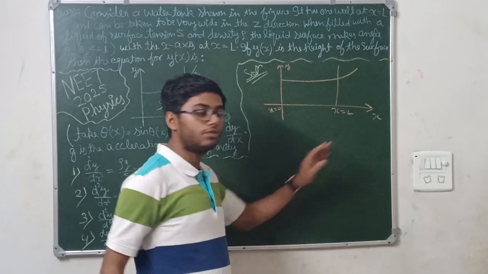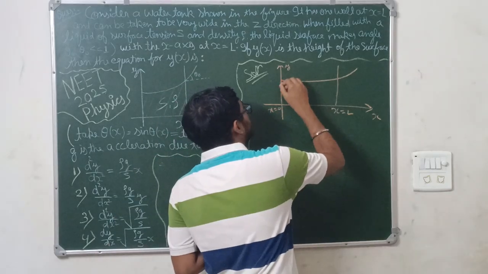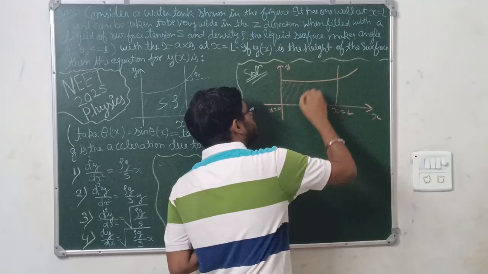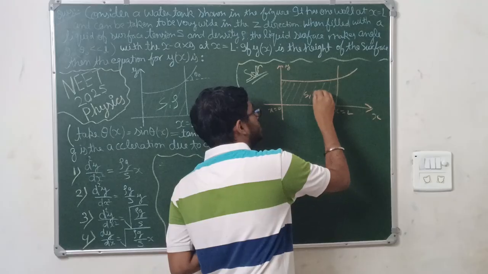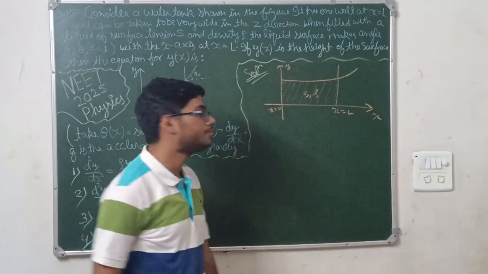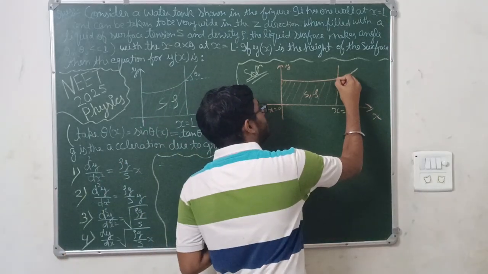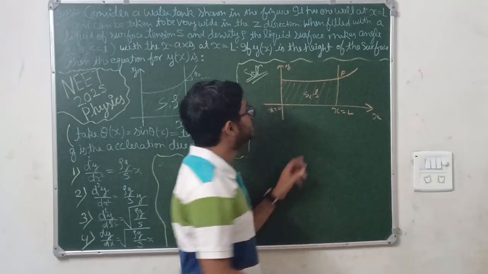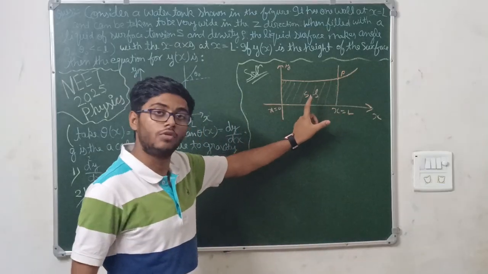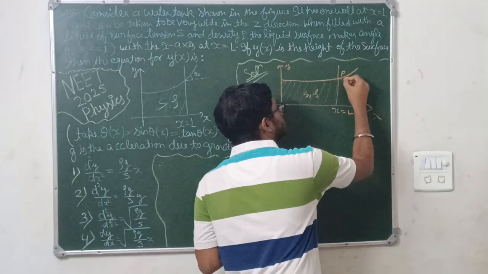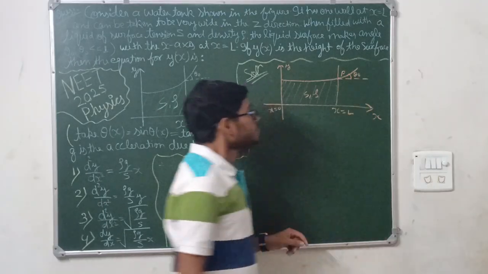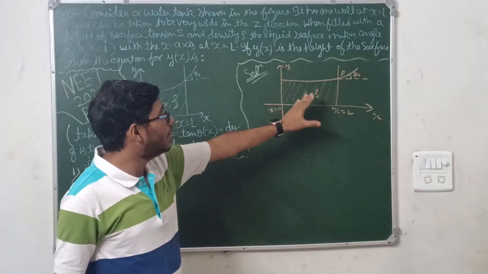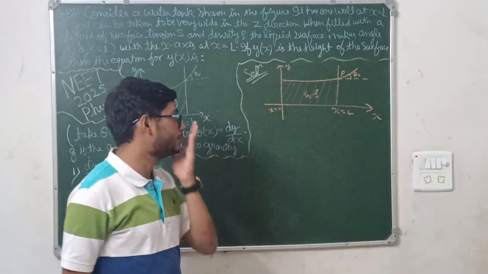Now here a liquid is filled of surface tension S and density rho. At point P, the surface of the liquid makes an angle theta naught. Now we have to find the equation of the surface.